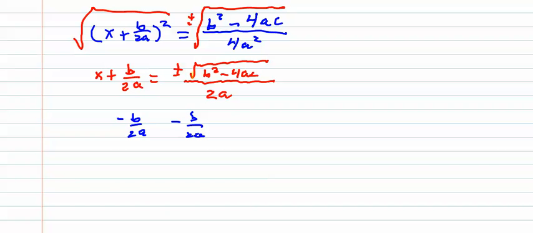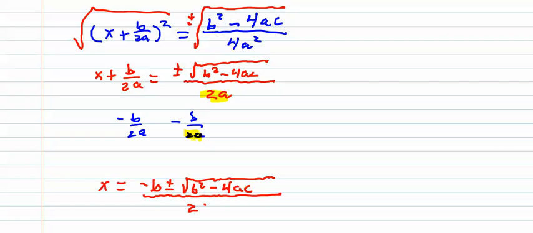And notice here we have common denominators, which is going to be really nice. So we end up with x equals the opposite of b, this b right here, plus or minus the square root of b squared minus 4ac, all over 2a.